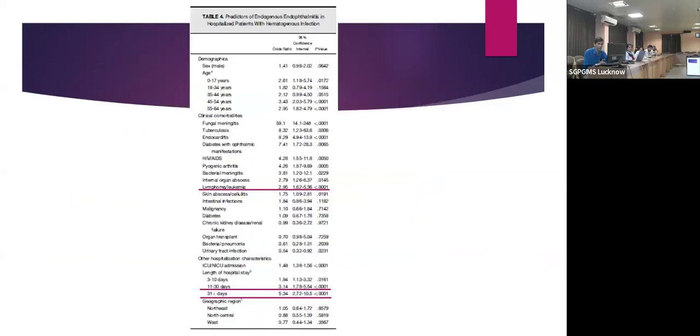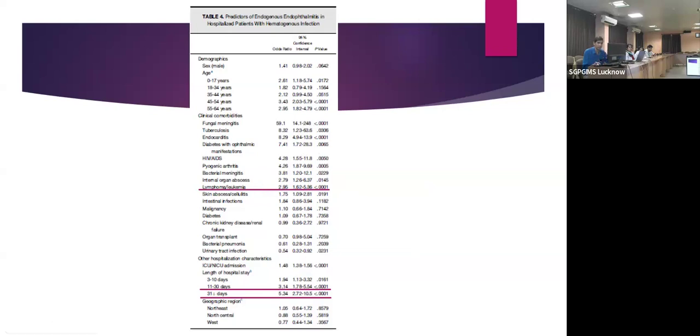But what they found, though leukemia and lymphoma in these patients were statistically significantly associated, all other factors, if you see the older age or fungal or comorbidities along with endogenous endophthalmitis, like a patient has endophthalmitis and fungal meningitis or tuberculosis simultaneously, that is understandable. Those patients are very sick patients. Otherwise, in an asymptomatic patient, only leukemia, lymphoma, no doubt.